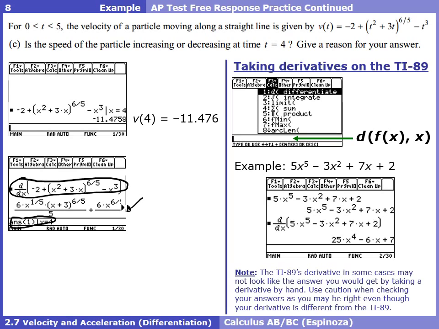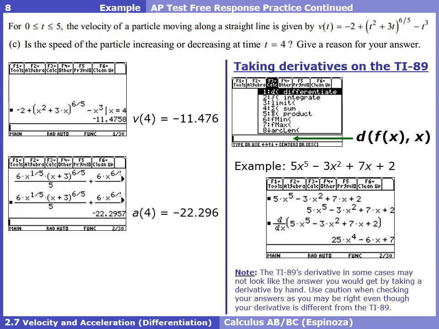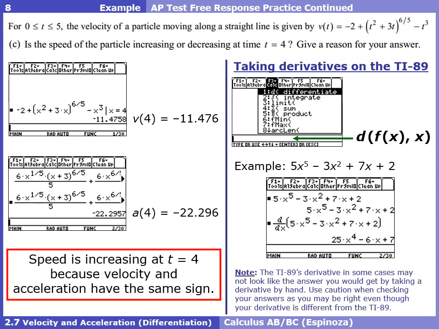So if you type all that in and everything works out, you'll find that your acceleration at time equals 4 is negative 22.296. And with that, we can finally answer this question: is the speed of the particle increasing or decreasing at time equals 4? Well, we know that the speed is increasing at time equals 4 because velocity and acceleration have the same sign.